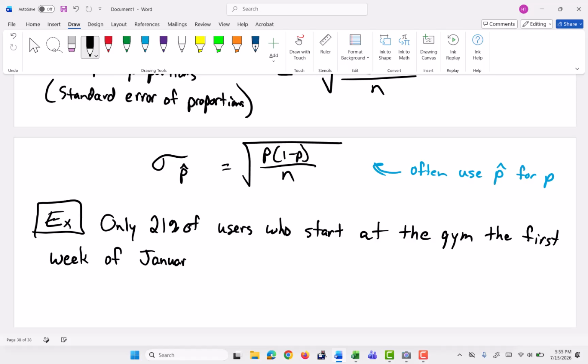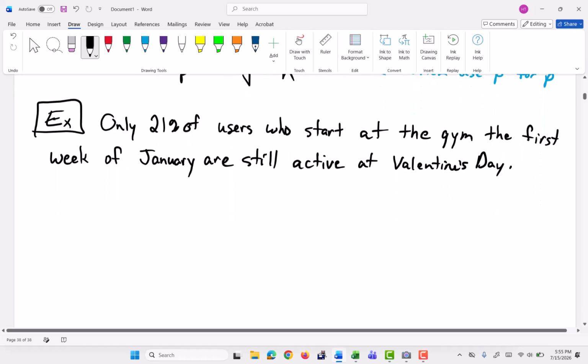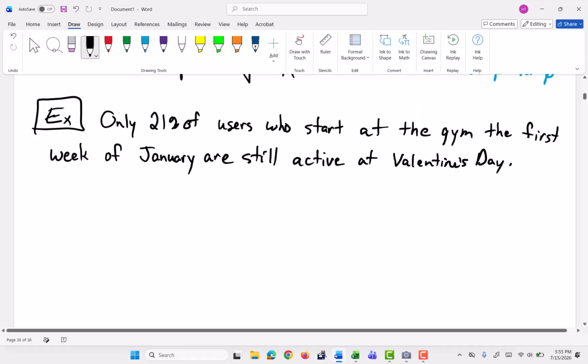That's all of your New Year's resolution workout people are still active at Valentine's Day. So in other words, by February 14th, many have quit going to the gym. Only 21% are still going to the gym as of February 14th.